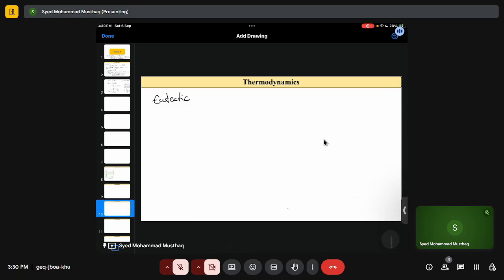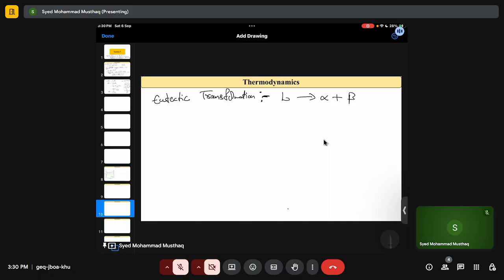It can be written as when my liquid state is transforming into two solids, alpha and beta. Then I will call it a eutectic transformation. Right? So please try to remember.